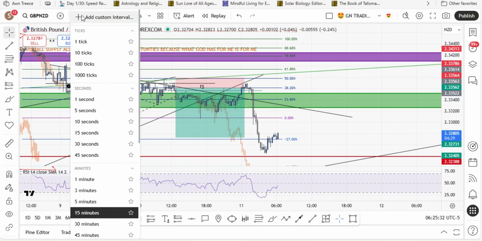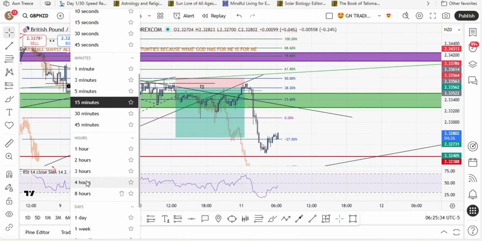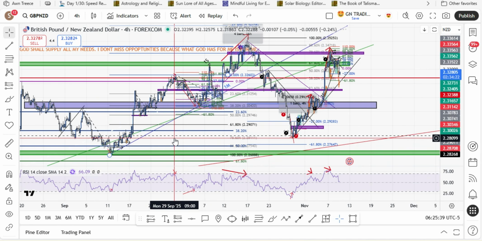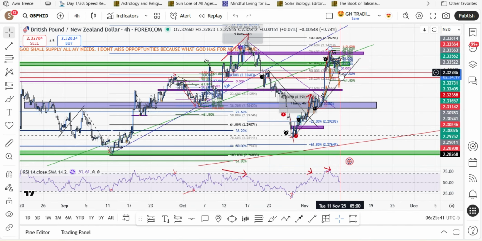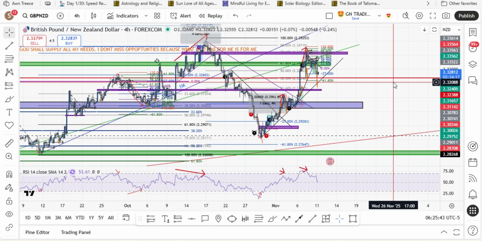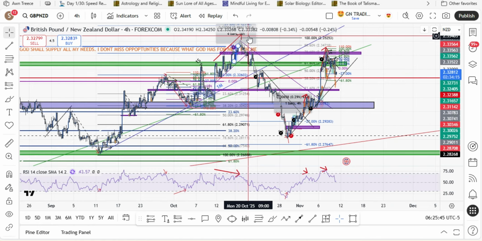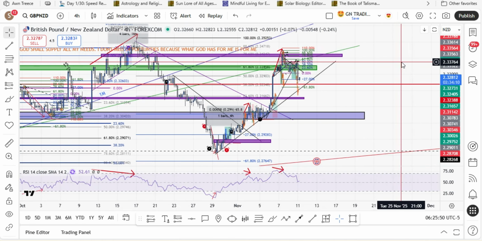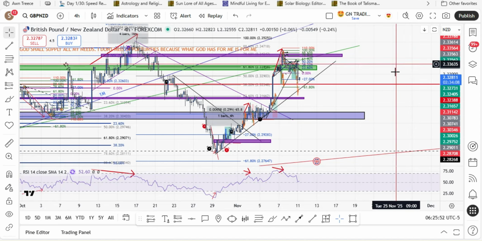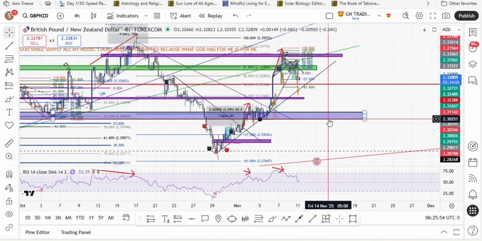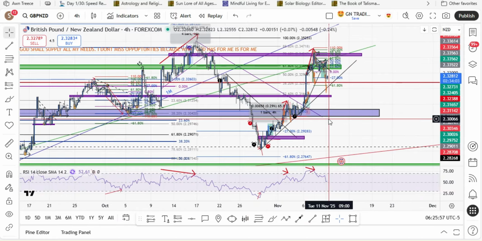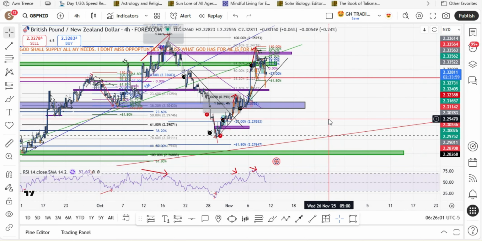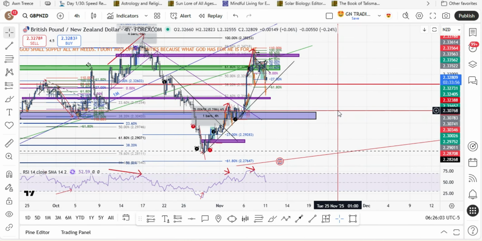So for GN, let's go to 4 hours. Okay. Oh, very aggressive. All right, so we have this impulse, correction, continuation, impulse, correction, and looks like we're getting the continuation for that now.